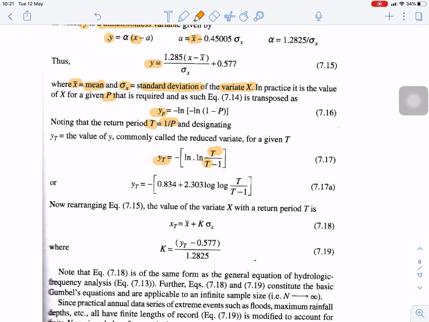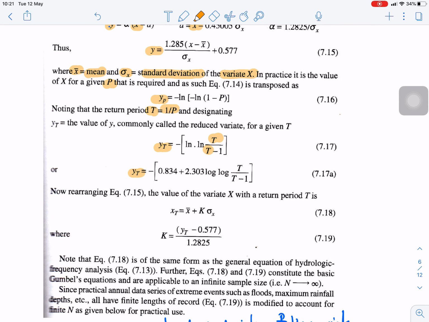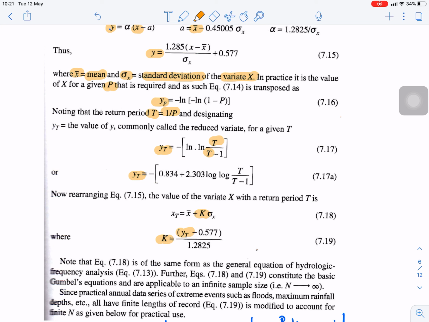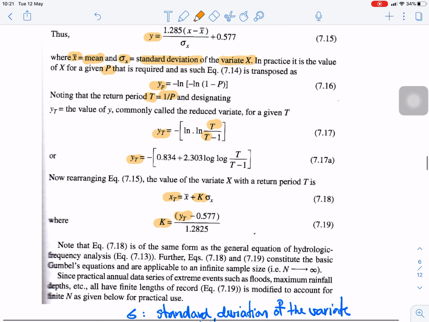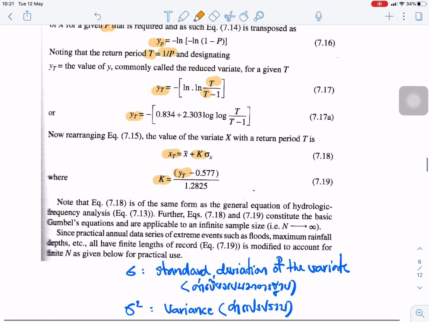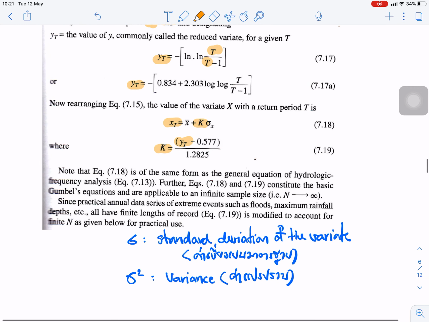This is the same equation. Once we know y t, we know k, and we can substitute in this equation k multiplied by the standard deviation plus the mean, so we get x t.